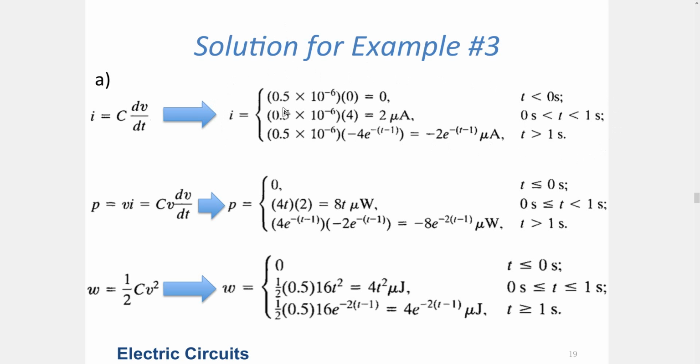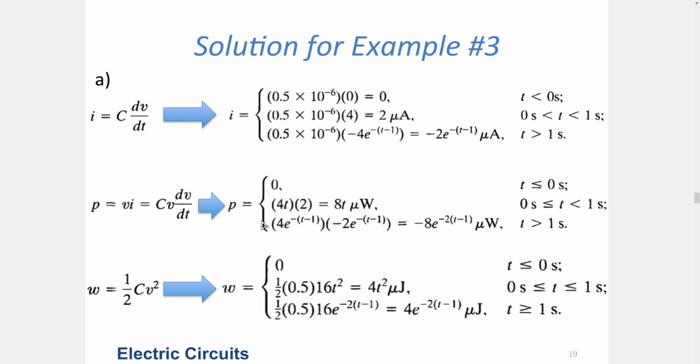Now I know the voltage and I know the current. I can compute the power because power equals V times I always. I already calculated the I, and the V is given to me. So if we multiply each term within the intervals that correspond to each other, 0 times 0 will give 0, and 2 microamps times the 4t would give me 8t microwatts for the time interval between 0 and 1 seconds.